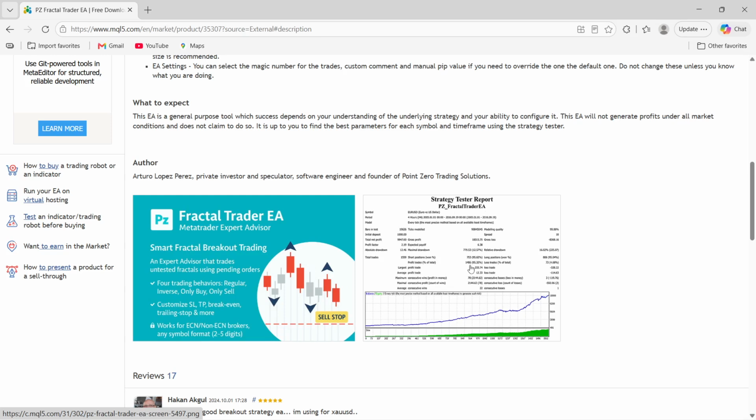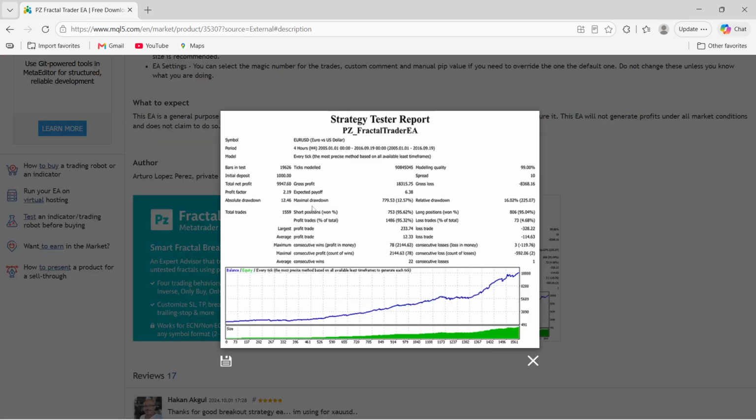As for the strategy tester report by the developer, you can see the symbol he used was EURUSD on the 4-hour time frame, from 1st of January 2005 to 19th of September 2016. All right.